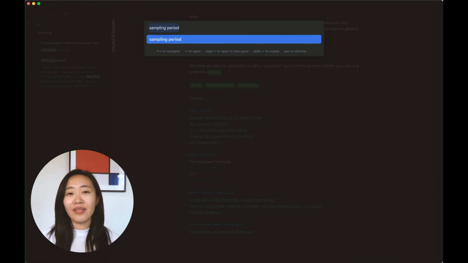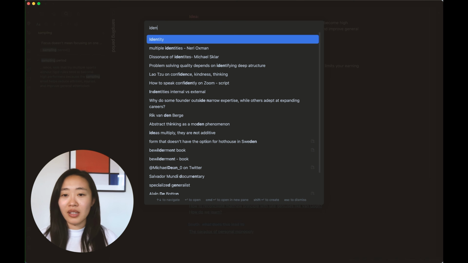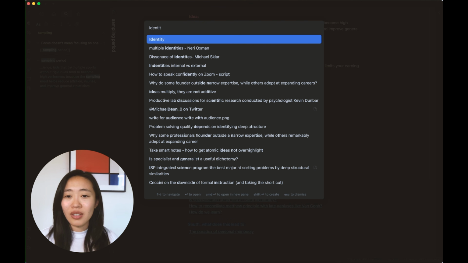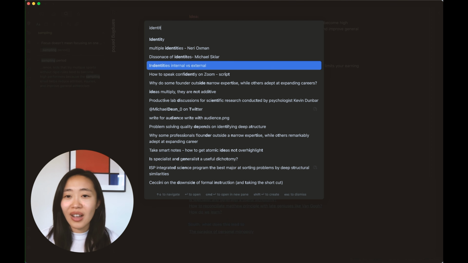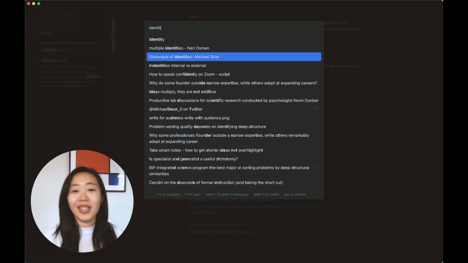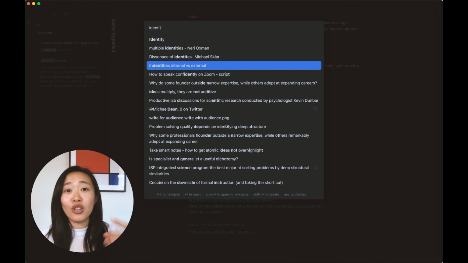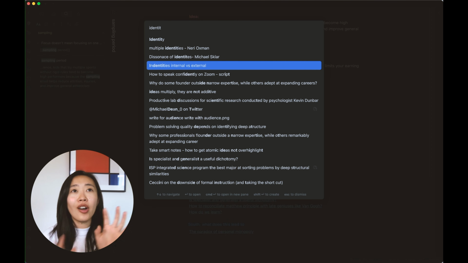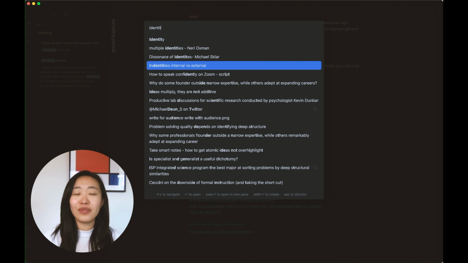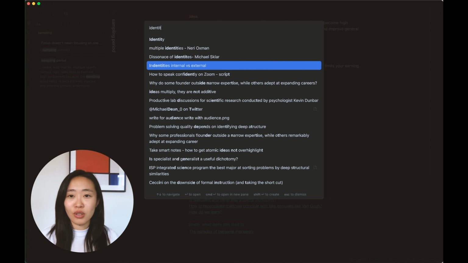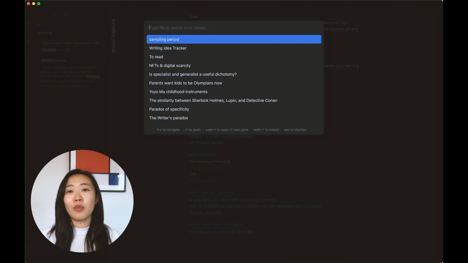But if it's something that I've taken a lot of notes on, let's see, identity, for example, there is a lot here: identity, multiple identity, dissonance of identity. So I want to look through the titles of my notes that already exist before I create my new one. In this way, I'm already priming myself to connect ideas on a similar topic. So that's number one, putting the keywords that you think you will search for later down the line.